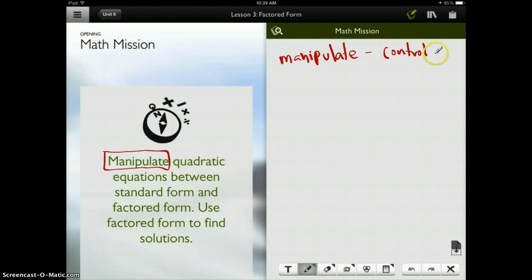I'm okay with copy. Manipulate, copy. Okay, what do we know about copies? They are what? The same. Okay. I want to control this equation, I want to copy this equation, and it still must remain the same. That's an important idea: copy and the same. Okay. What else can we say manipulate means?